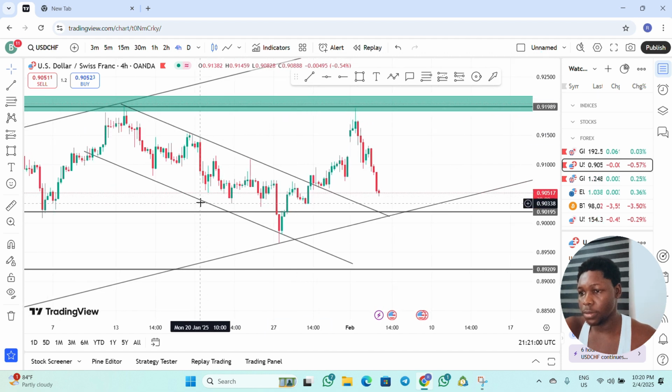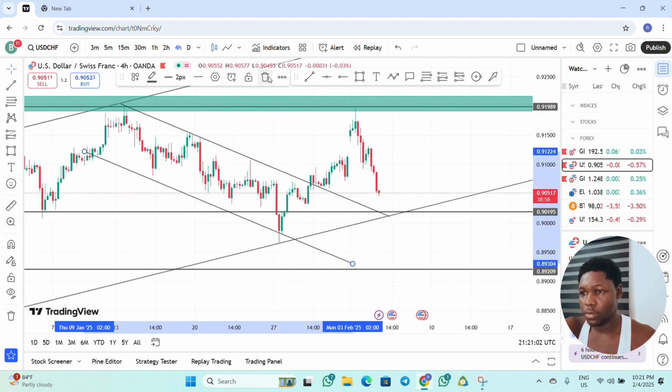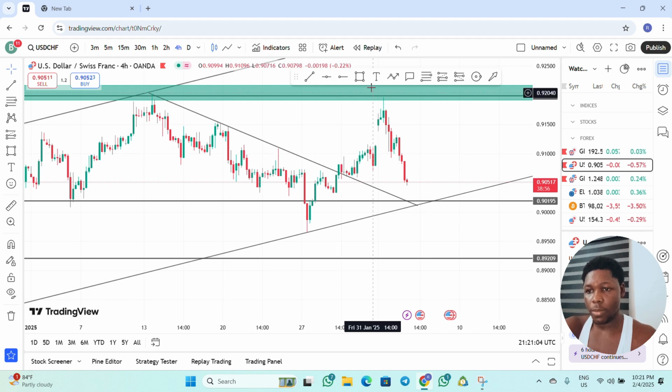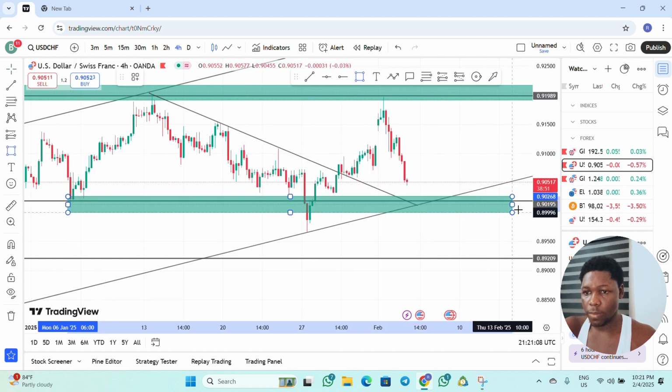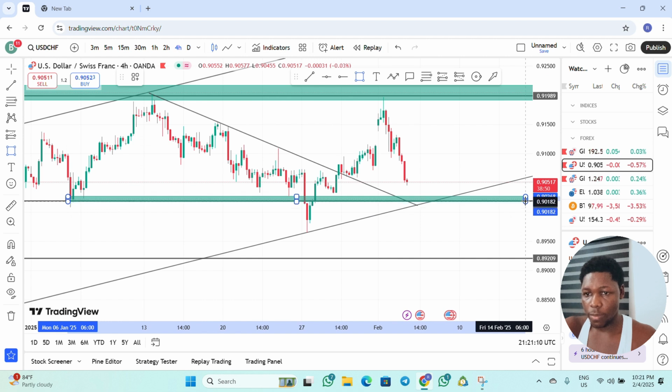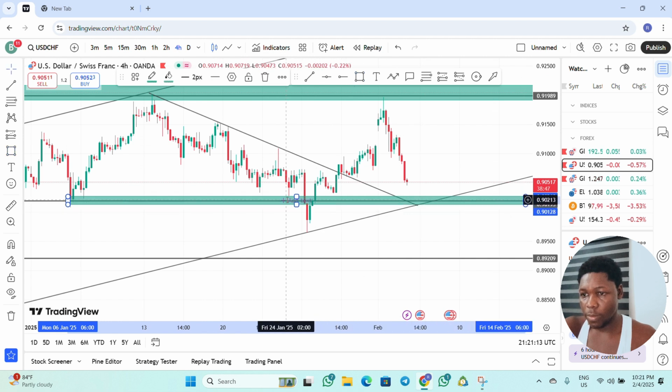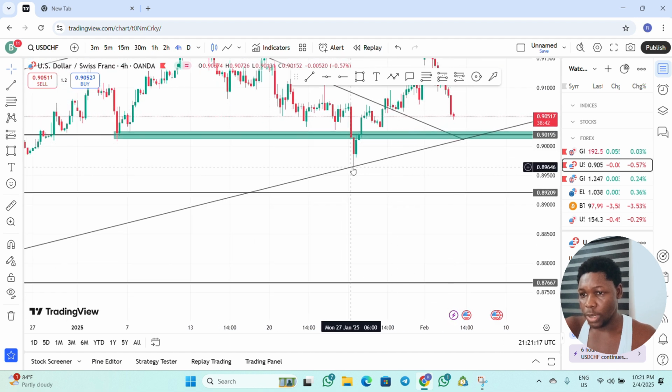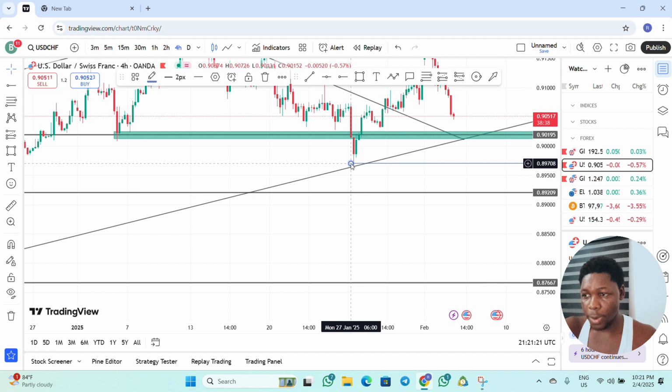So what do we have here? We have this possible chance of the market coming down here. Don't forget we have a wick here, a body here, so we will be marking out the body.